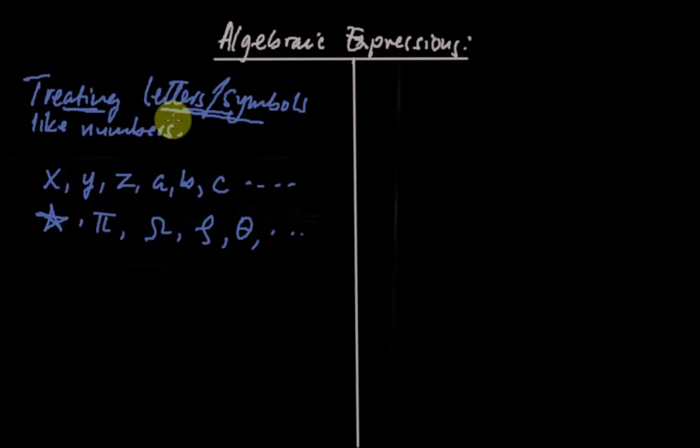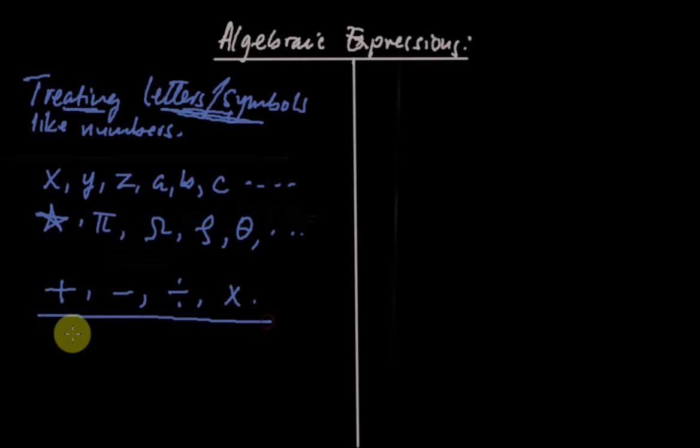But let us go back to our meaning here. Letters or symbols, we use them, treating them like numbers. In mathematics, when we treat things, we normally mean putting them into action, like adding them, subtracting them, dividing them, and multiplying them.